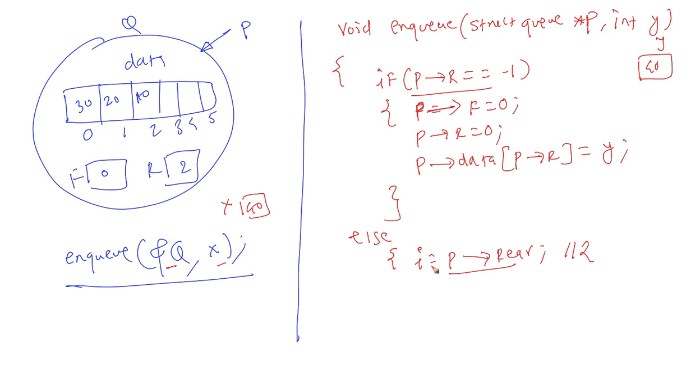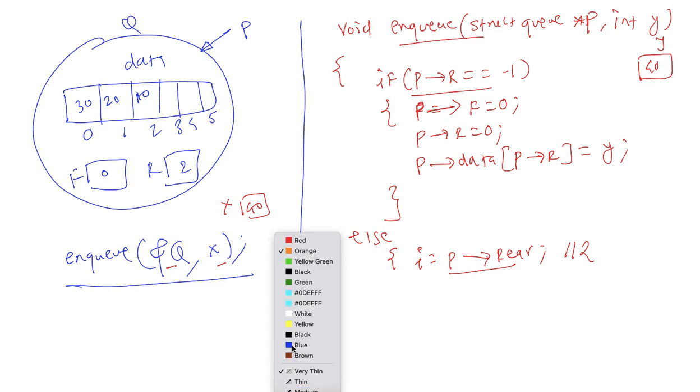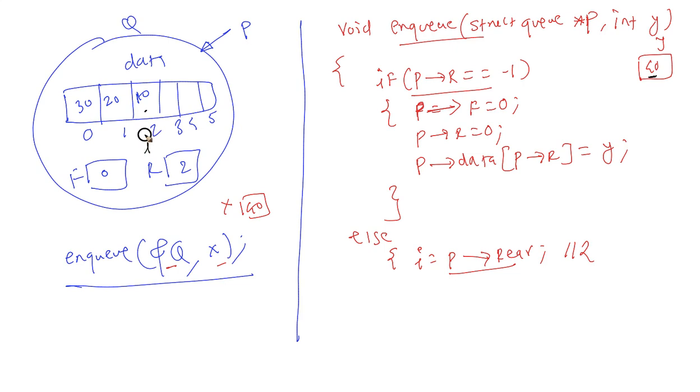Then I am going to compare this 40. In fact, I am comparing y; y and x are the same, but x is known in main, y is known in the enqueue function. So I am comparing this 40 with the element present on the last location, the ith location. I have initialized I here.